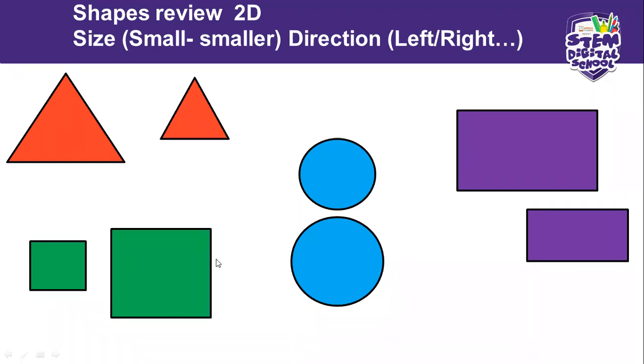There's another one, a circle there, another one, a rectangle there, and another one. Are these shapes, 2D shapes, the same size? Type for me there. Are they the same size? And just tell me how would you describe their sizes. Type in the chat box for me.